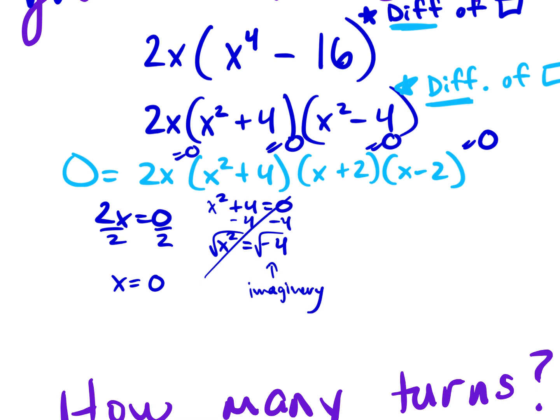So it doesn't touch the x-axis here since it's not a real number. So it's not going to be one of our zeros. At x plus 2 equals 0, what would x equal? Negative 2. And x minus 2 equals 0? Positive 2.